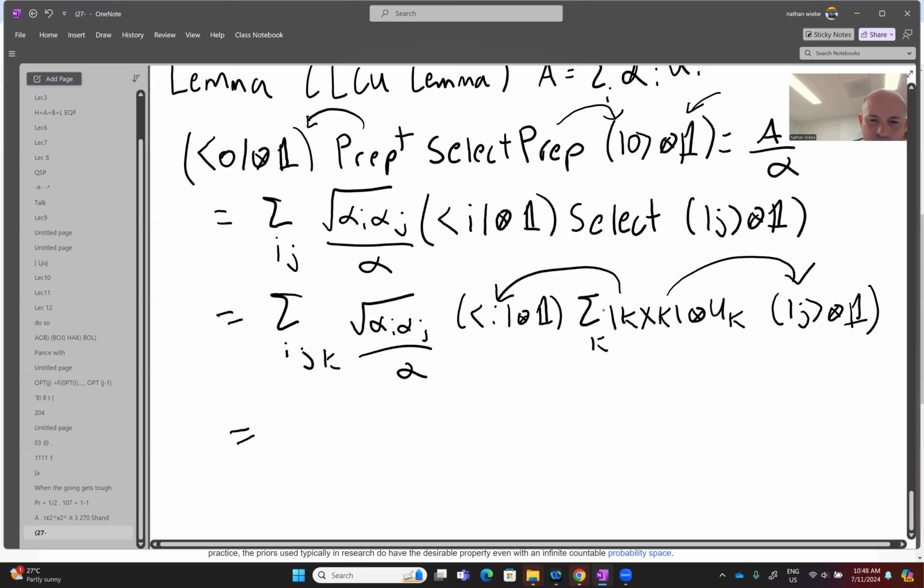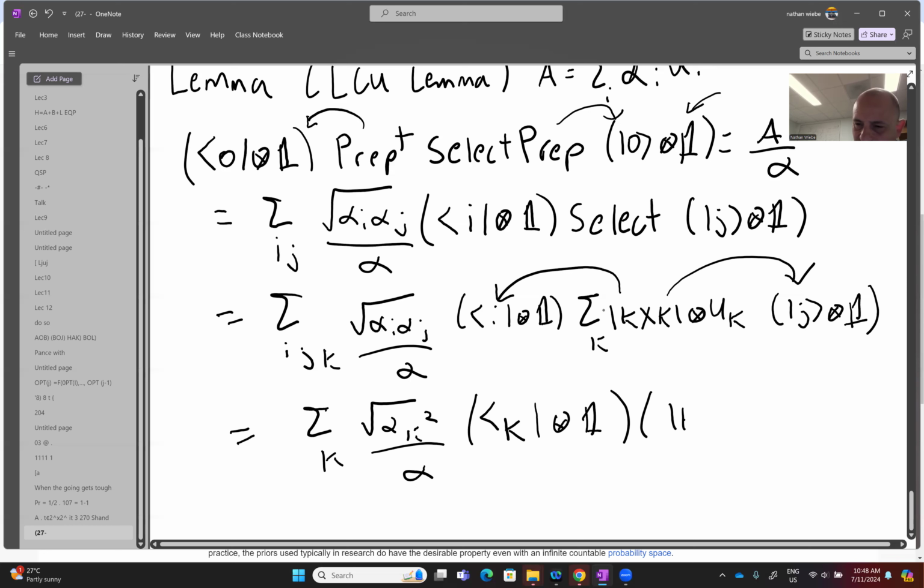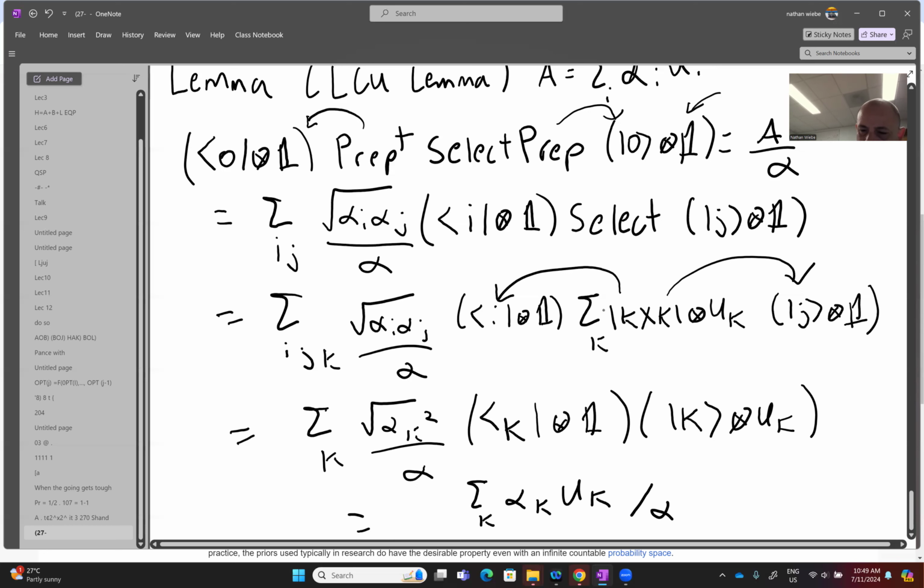Therefore, this can be written as the sum over k of square root of alpha k squared divided by alpha, <k| tensor identity times |k> tensor U_k, which is just equal to the sum over k of alpha k U_k divided by alpha, which is just by definition A over alpha, as claimed.